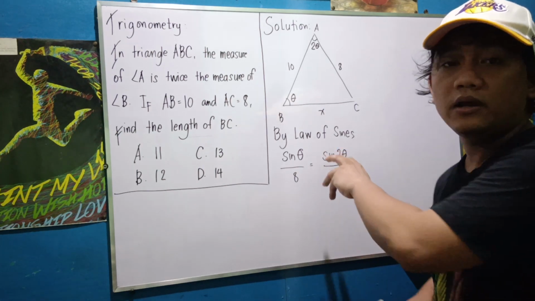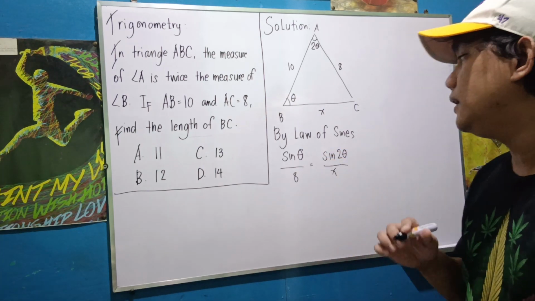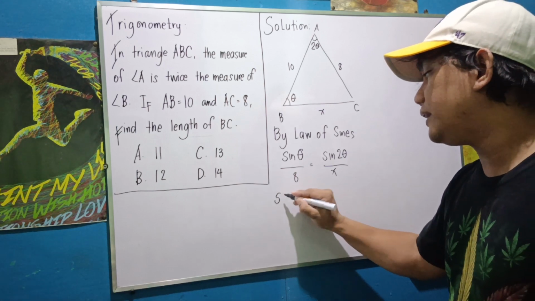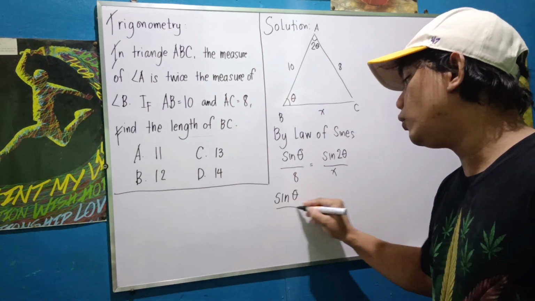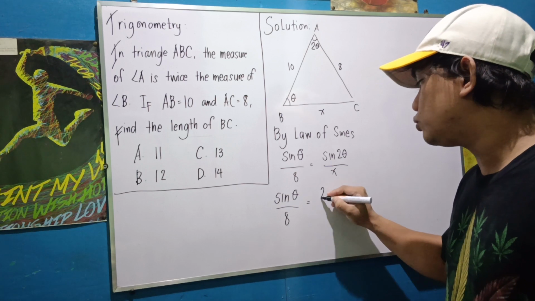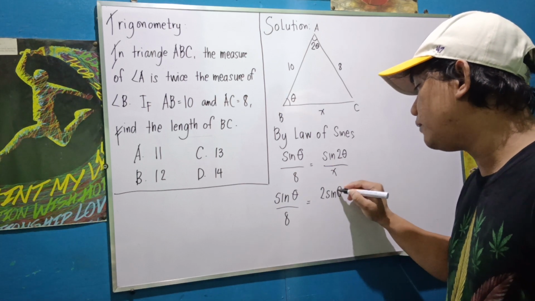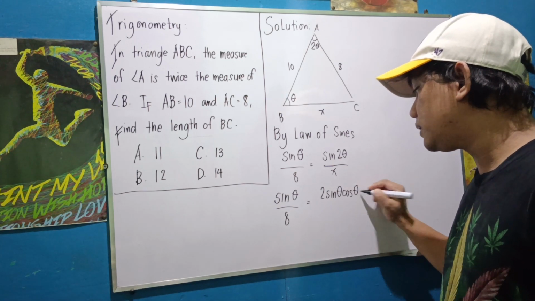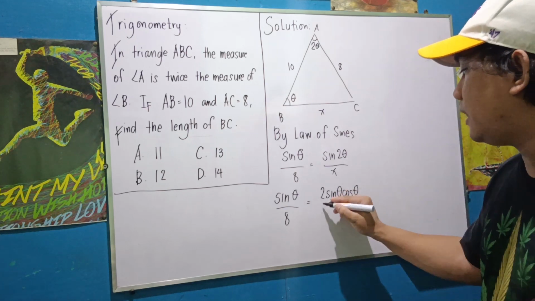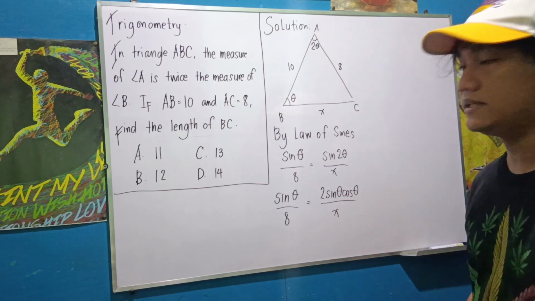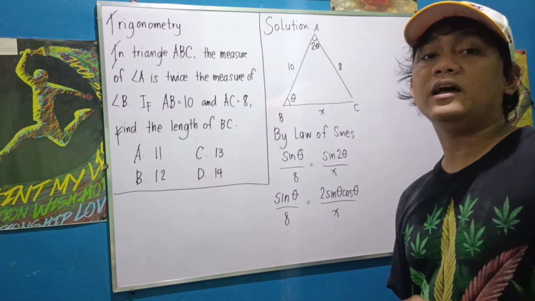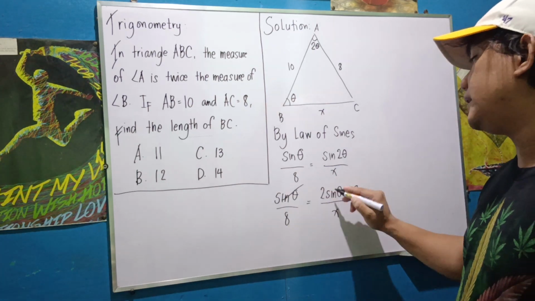You have to recall the double angle identity for sine 2 theta. So we can rewrite this as sine theta over 8 is equal to 2 sine theta cosine theta over x, since sine 2 theta is equivalent to 2 sine theta cosine theta. And since theta cannot be 0, you can cancel the sine theta here.